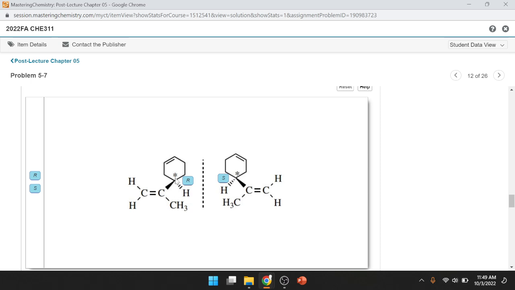So when you're labeling an R or S, you always need to put the lowest priority group in the back. It already is that way. So all you have to do now is just figure out what your top priority is, your next highest priority, and so on. This is the highest, next highest, next after that, right? That's going clockwise. You don't have to do anything special, so it's R.